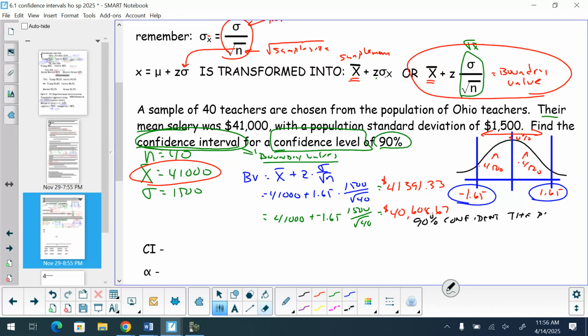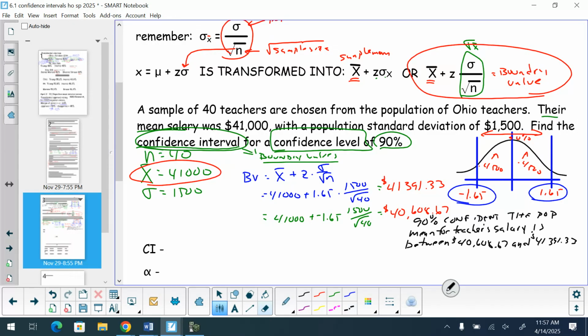the population mean for teachers' salary is between 40,608.67 and 41,391.33.